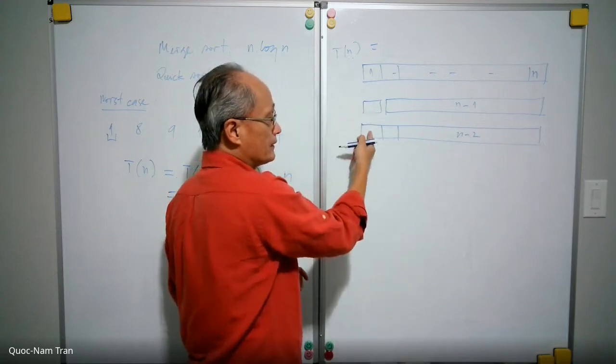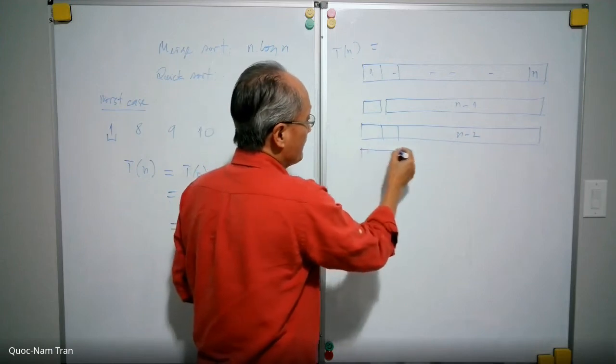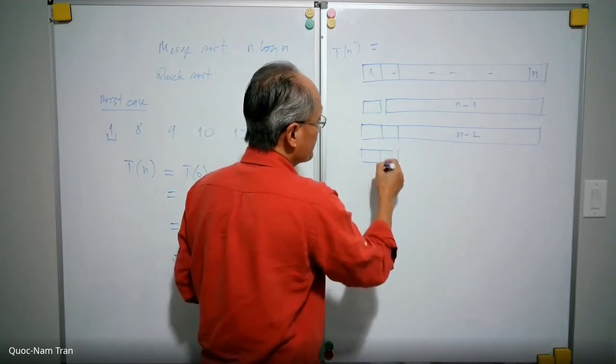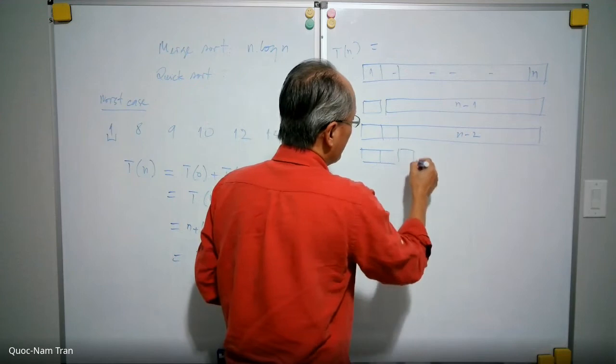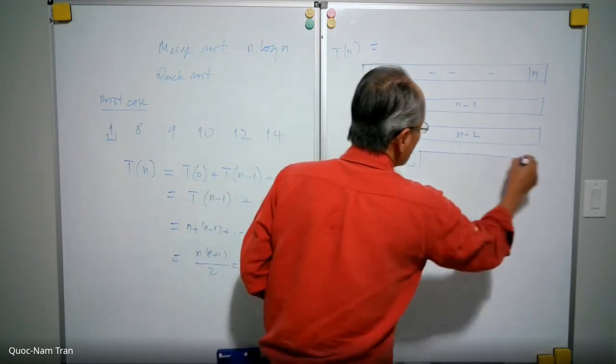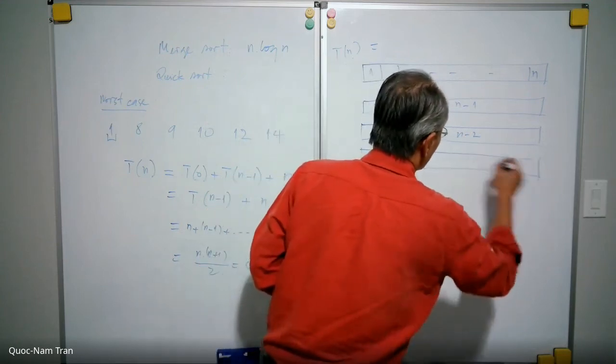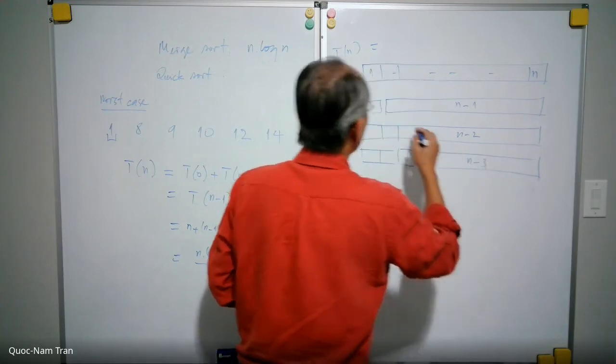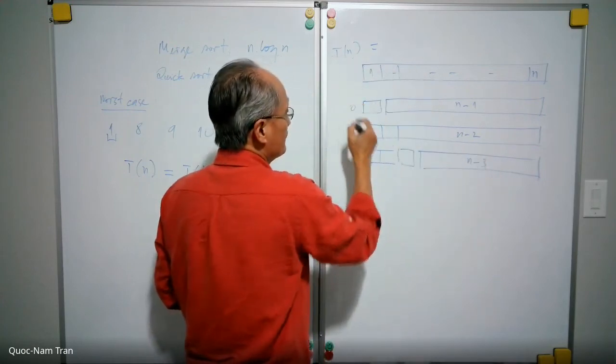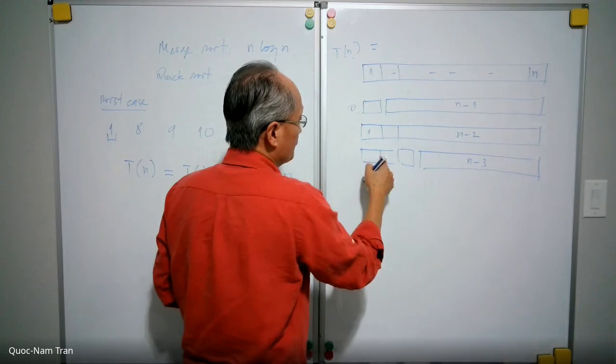So here you have 0 on the left of the pivot. Here you have 1 on the left. And then the next case is that you have 2 on the left, and then the pivot, and then n minus 3 on the right, right? So here you have 0. Here you have 1. Here you have 2, right?